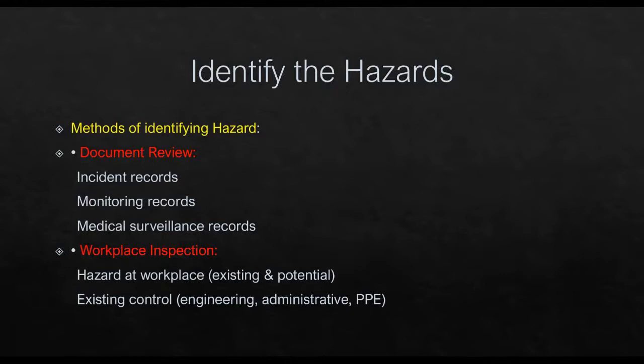And then it's about the engineering, whether the machine is properly maintained or not. And then the administrative, is there any tagging or any notice to control, to prevent the damaged machine from being used, for example.